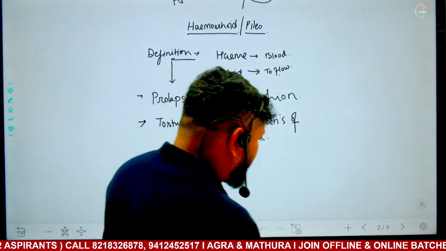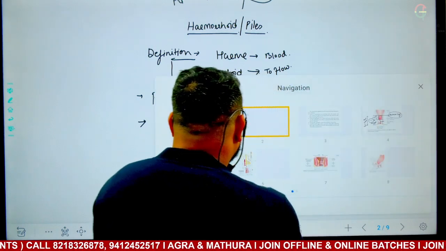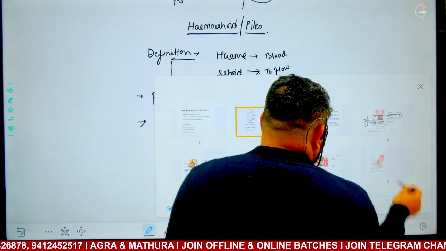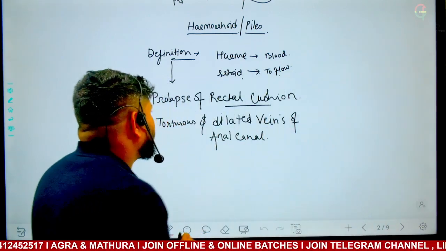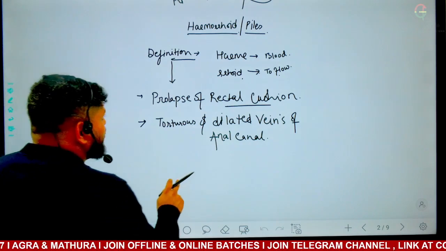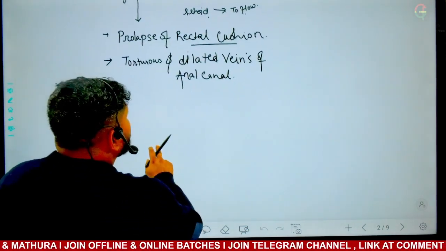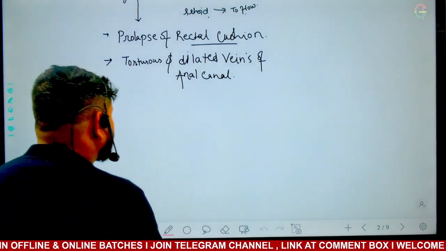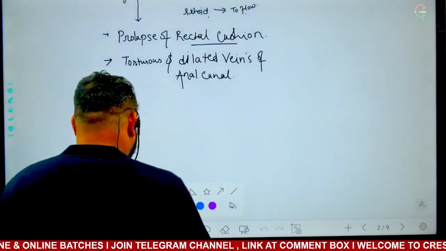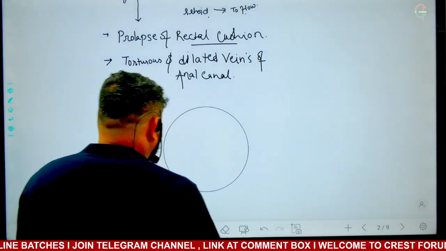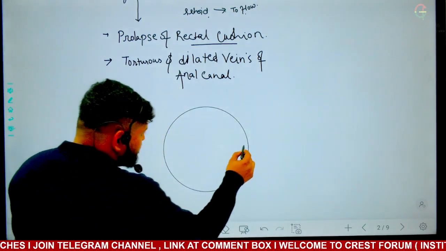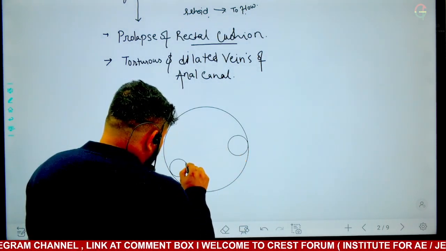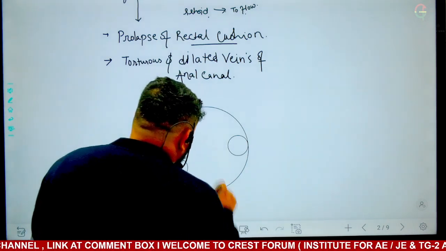Now we will talk about the prolapse of rectal cushion. This is our anal canal, with 3, 7, 11 o'clock positions.